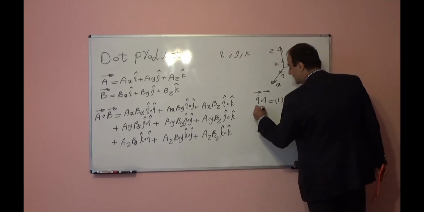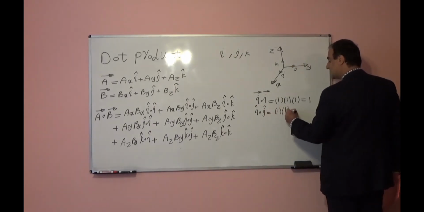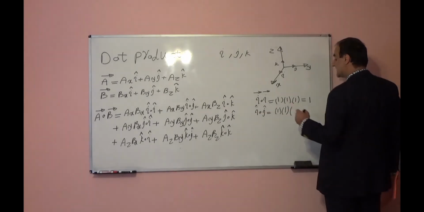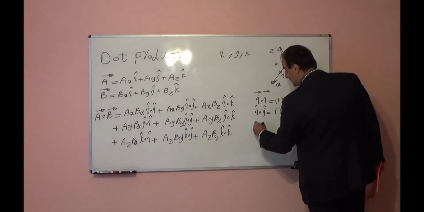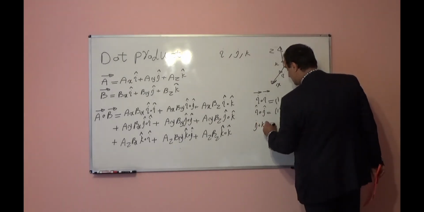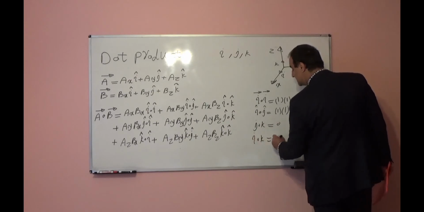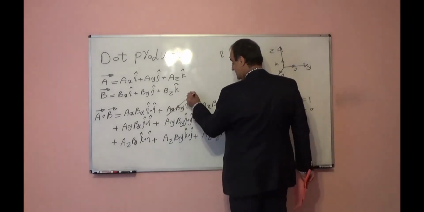So i dot i will be equal to 1. How about i dot j? The magnitude of i is 1, the magnitude of j is 1. The cosine of the angle between i and j, which is 90 degrees, is 0. That will be equal to 0. Or j dot k will be 0. Or i dot k will be 0. From here, these six terms will be 0.